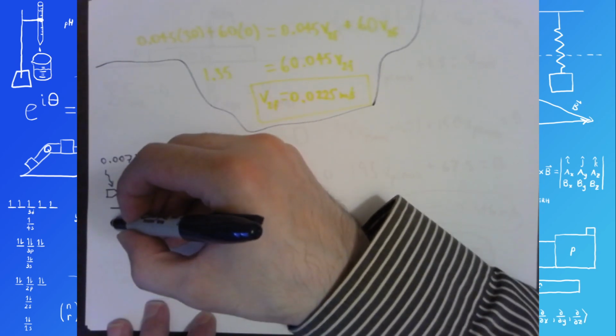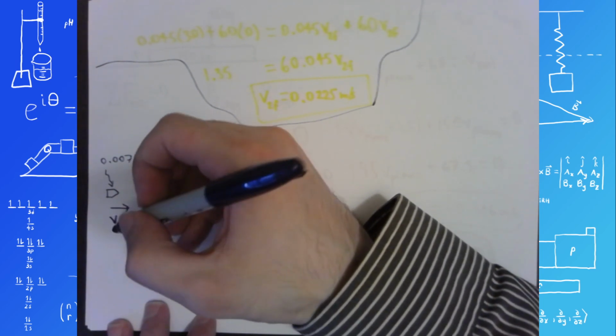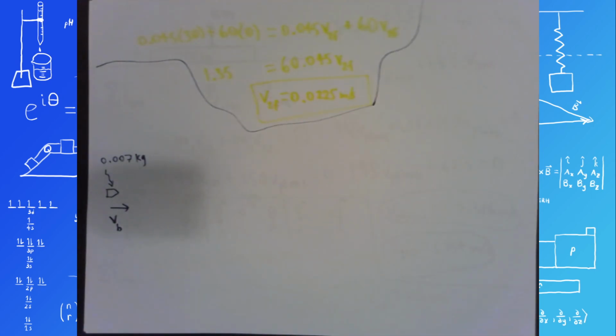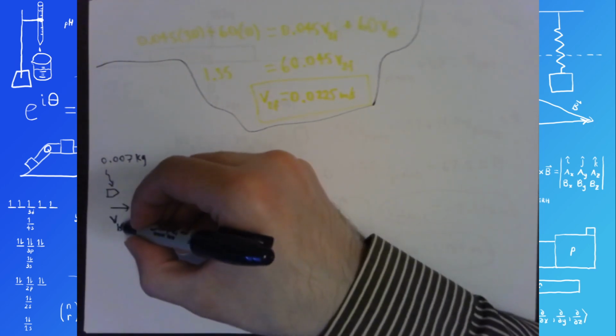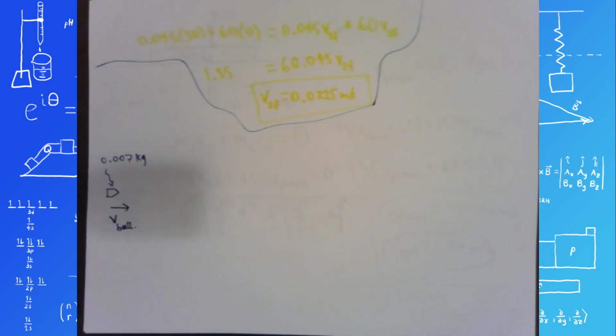I'll call it V. I don't want to use B, because B for bullet and B for block, that's going to be confusing. What should I call it instead? Yeah, I'll call it V-Bull.